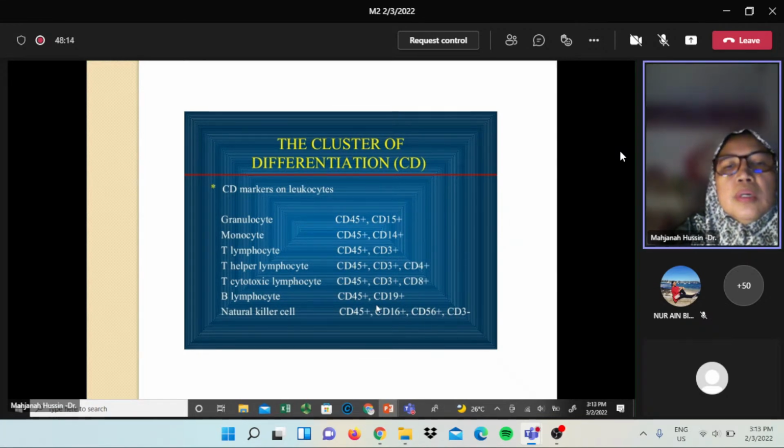So all of them started off with CD45 because they started off as a normal leukocyte, and then of course they differentiate depending on what type of cytokine activates them. They will differentiate into granulocyte, they will differentiate into T lymphocyte, but they will always have the parent marker, which is CD45.